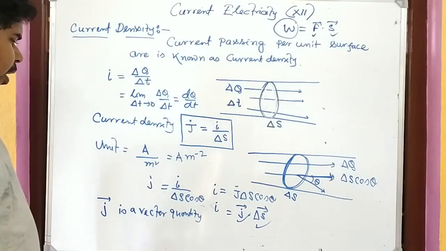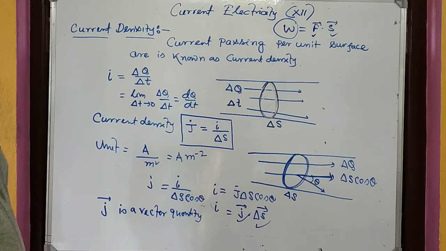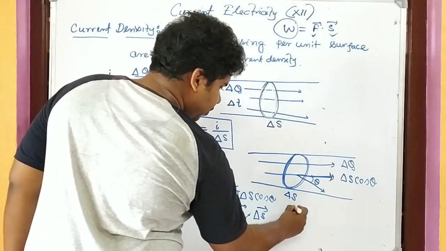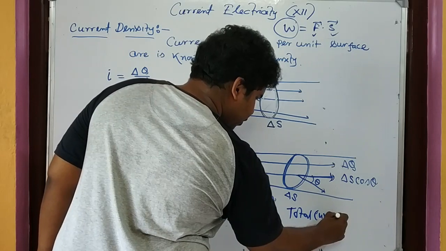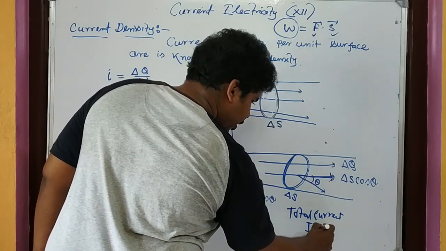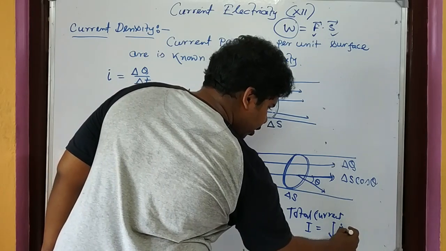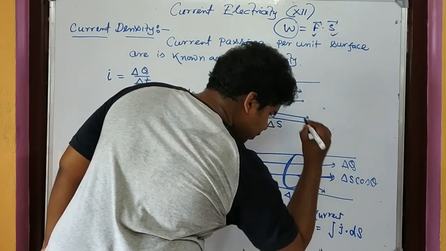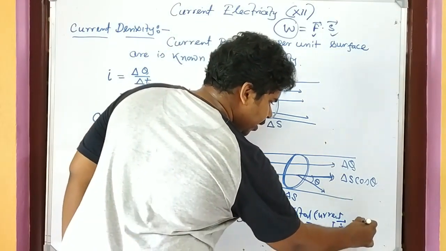And if we assume that this del S is very small, and I want to find the total current, the total current I will be equal to the integration of J dot dS.